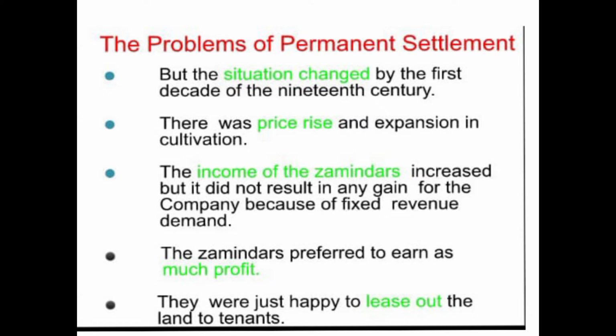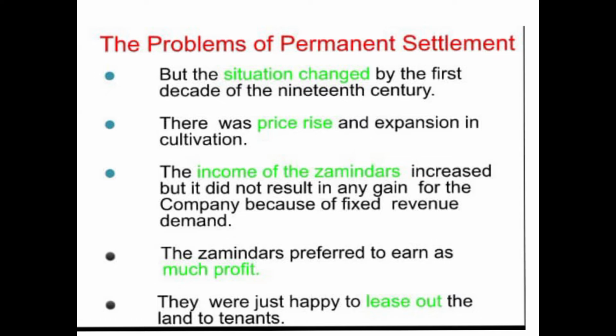This led to the problem of the permanent settlement system. This situation changed by the first decade of the 19th century. There was the price rise and the expansion in cultivation. There was a need for agricultural growth because there was high demand.